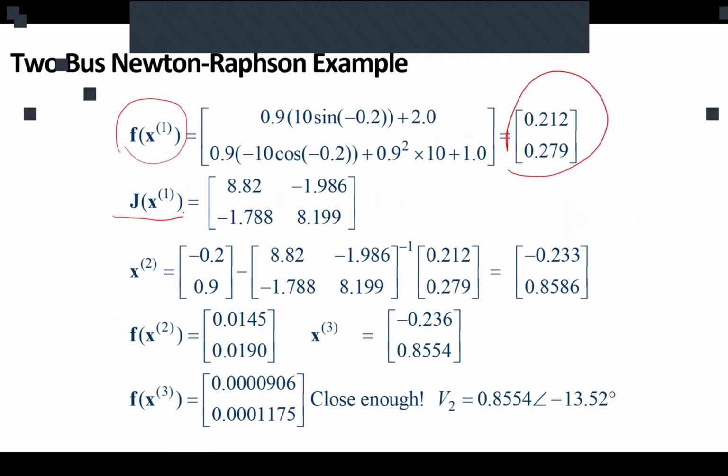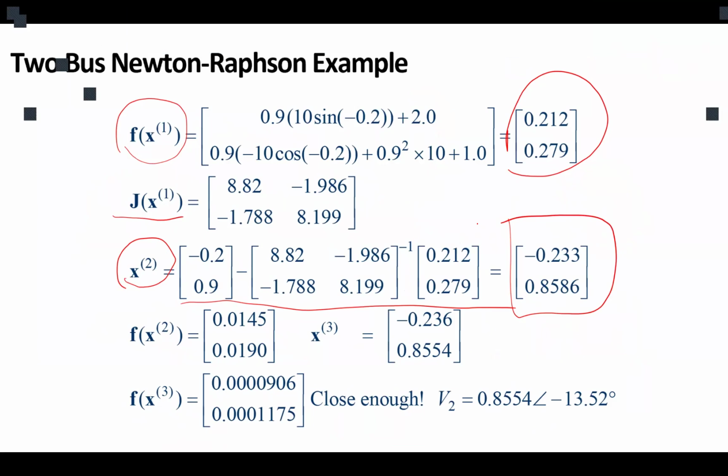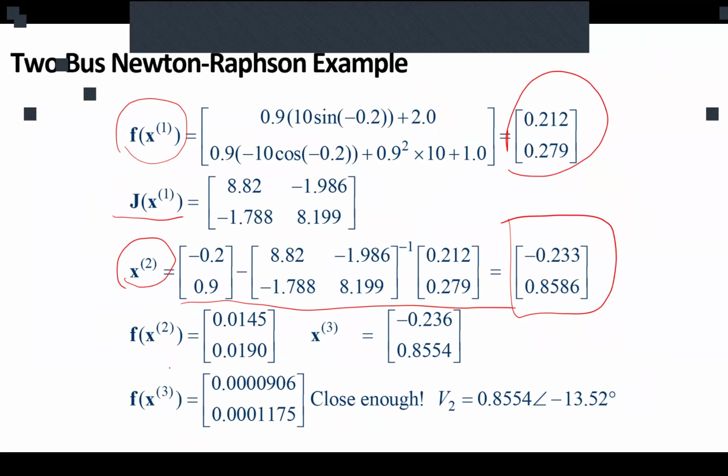We calculate the Jacobian for the second guess so we can calculate the third guess. Use the same formula. Now we have a more accurate guess of the actual value. Let's try this one to see how close it is. F of x2, we are still more than 1% off, so let's not accept it.